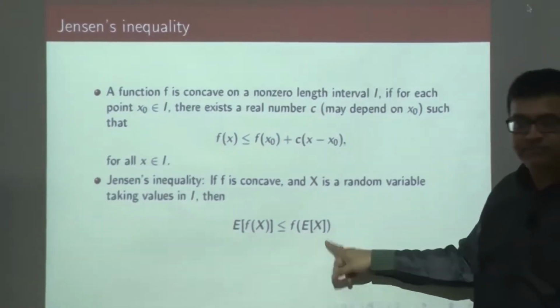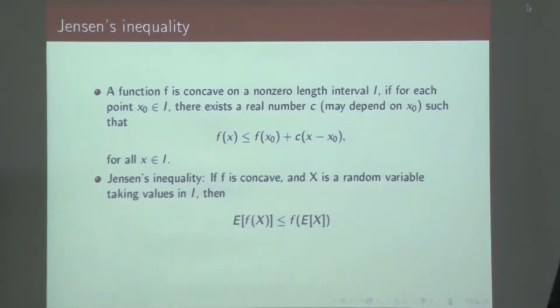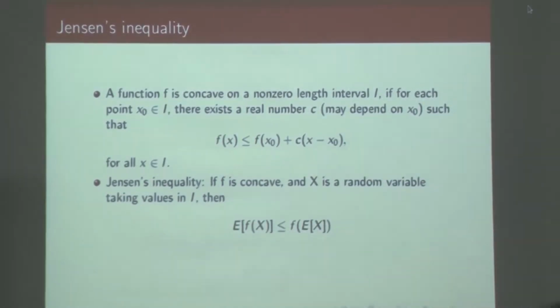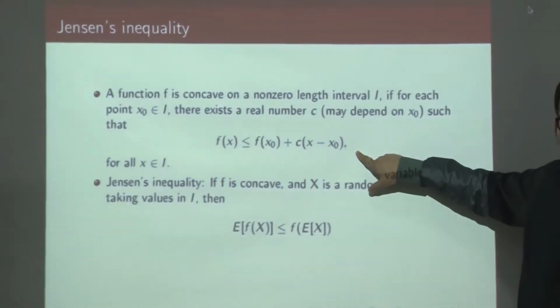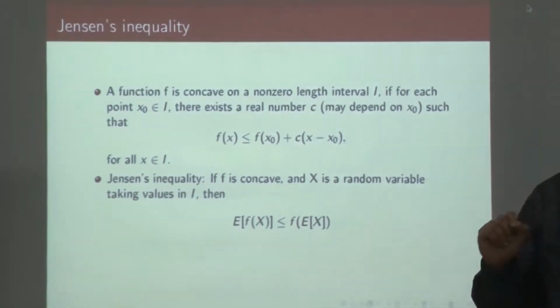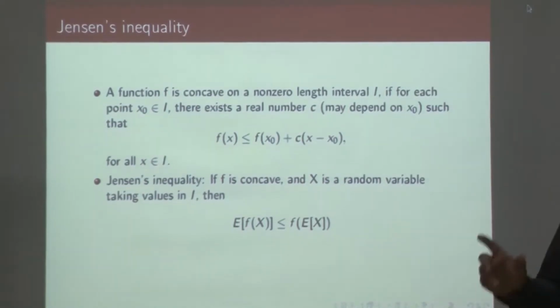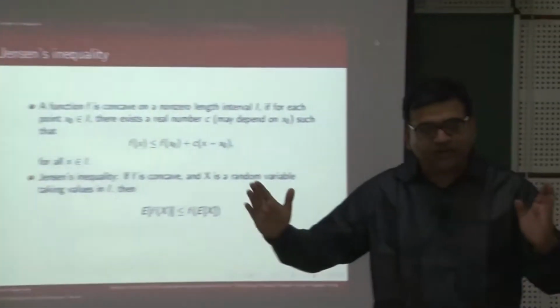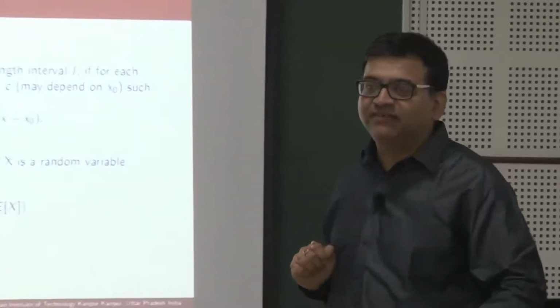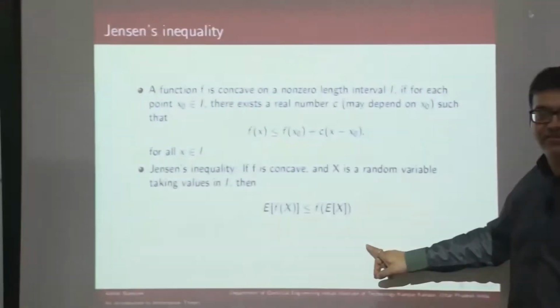So, I will get this relationship. From here I get this by taking expectation and choosing x naught to be equal to the expected value of x, which I can choose because x naught is a value inside that interval over which the function is concave. So, this is known as Jensen's inequality.